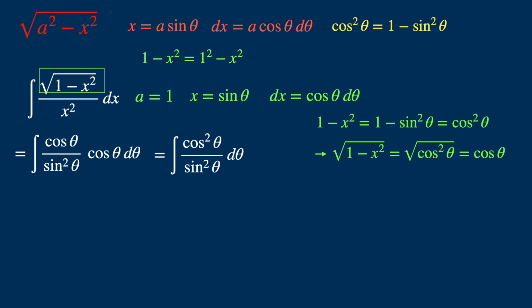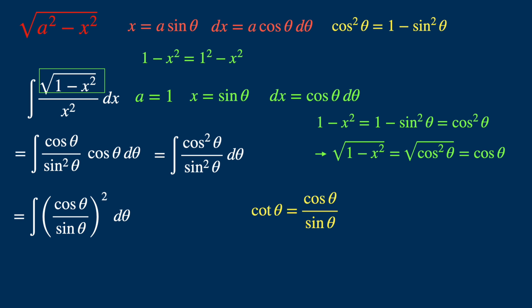Use the identity. We put together cosine theta over sine theta, squared. Guys, remember the trigonometric identity? Cotangent theta equals cosine theta over sine theta. This is gonna be cotangent squared theta d theta.